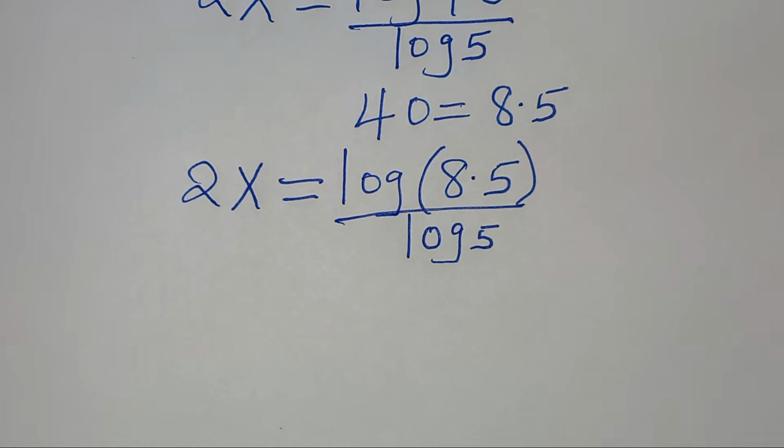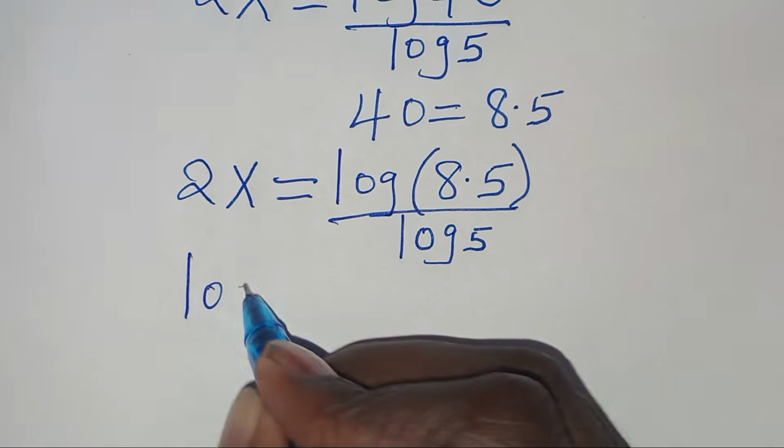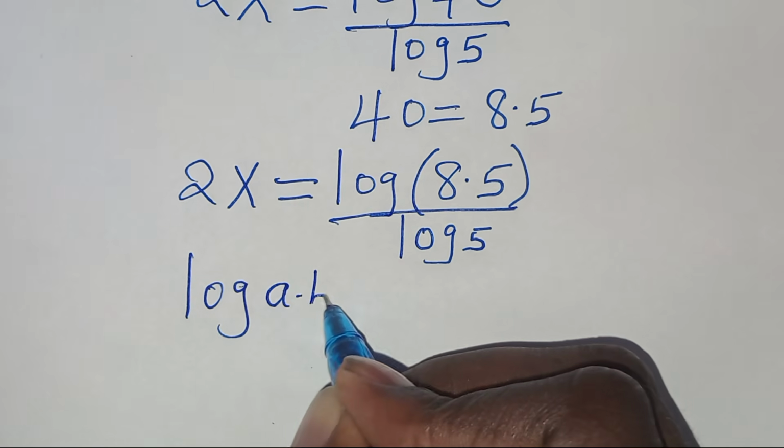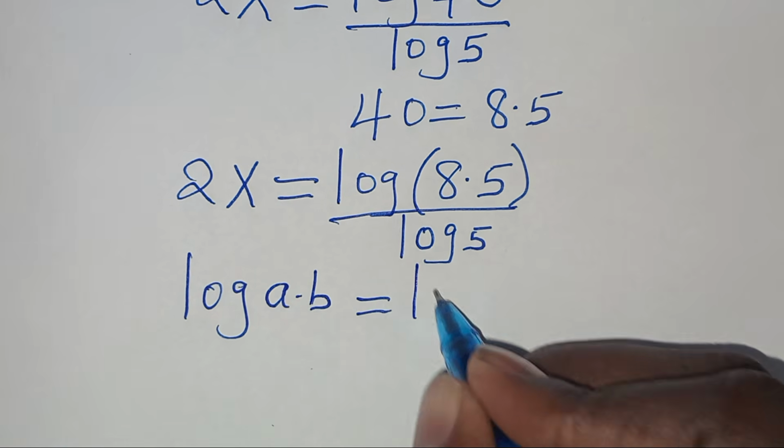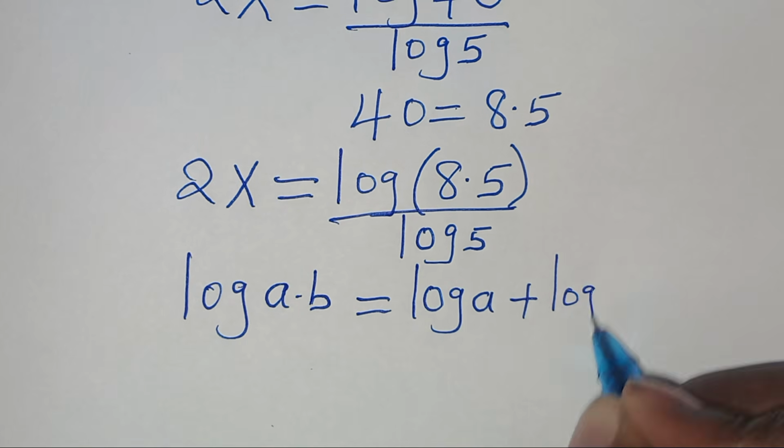Now the next step is that log 8 times 5 is in the form of log a multiplied by b, which you can express as log a plus log b.